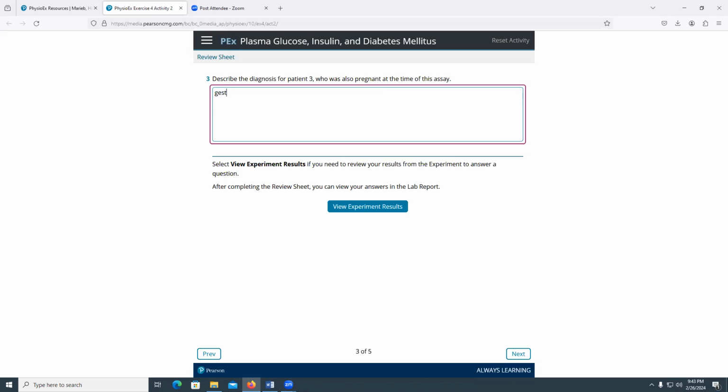So that is gestational diabetes and usually resolves after pregnancy ends.